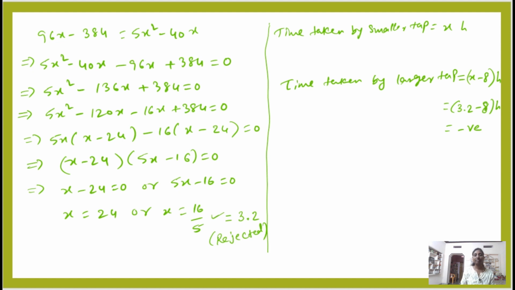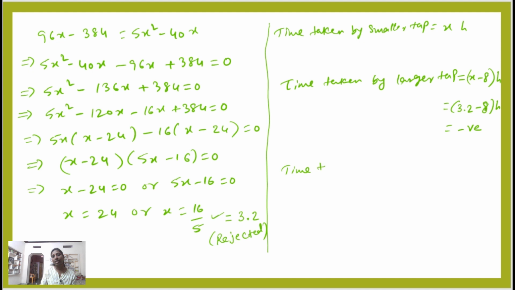So which one we have to take? x is equal to 24. So time taken by smaller tap is equal to 24 hours.